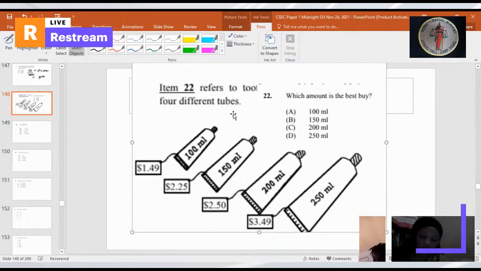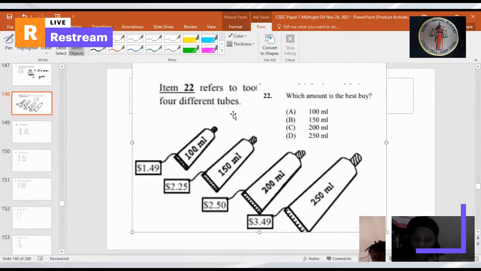And the $2.50 at 200 milliliters, that would be 0.0125, and the $3.49 at 250, 0.0139.